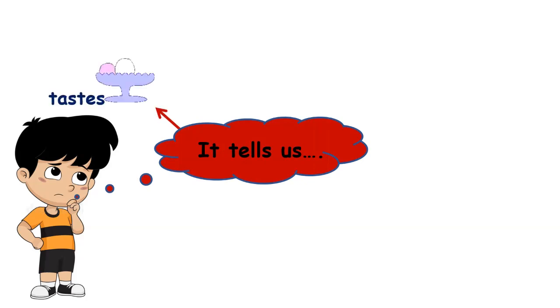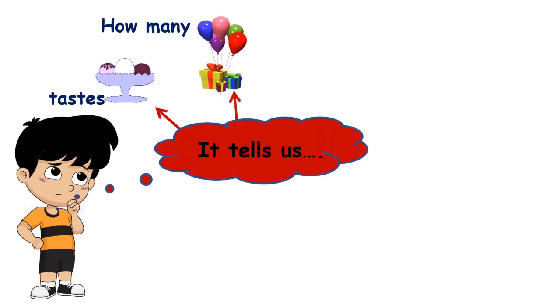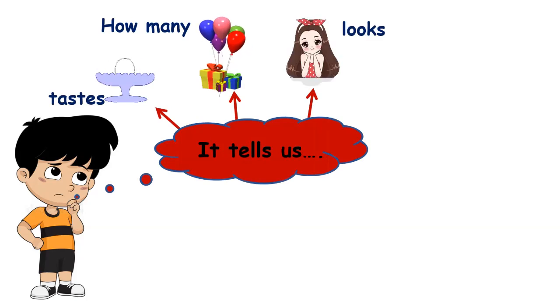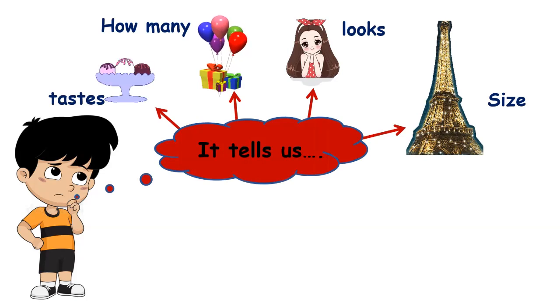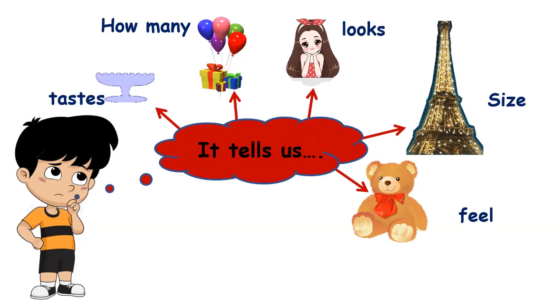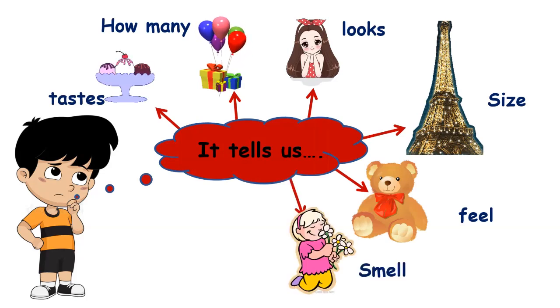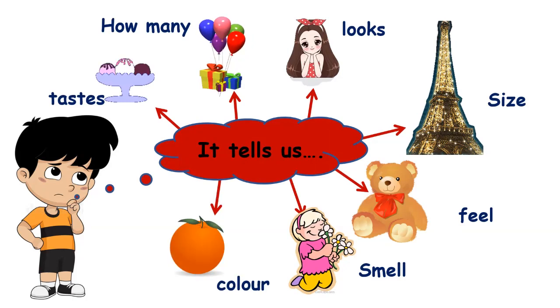Adjectives tell us about taste, how many in number, about how a person looks, about the size, about the feel, about smell, about color. So you see, children, adjectives can describe almost everything and in different ways.